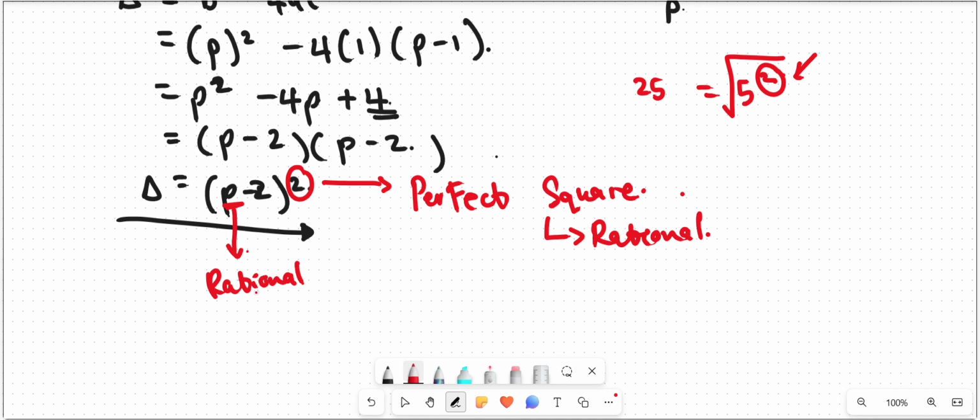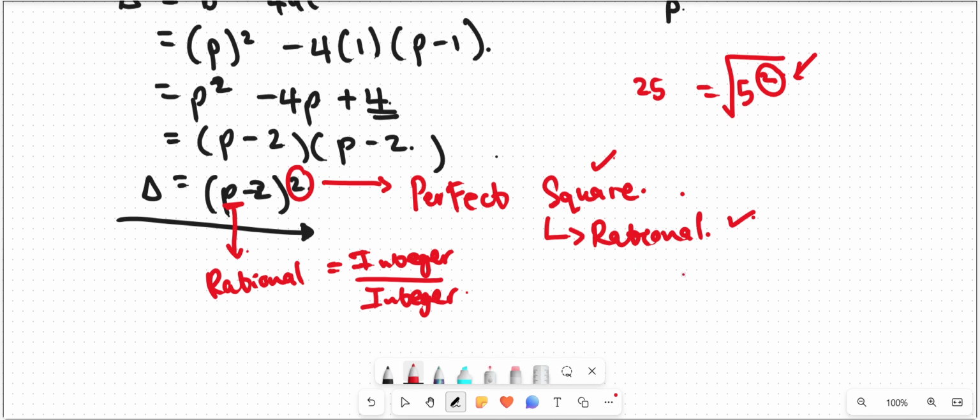But as long as I'm substituting rational numbers, which are integers divided by integers, remember, an integer divided by an integer is a rational number. So as long as I substitute those values for p, the discriminant will always come out a perfect square, obviously because of the square there, but it will also come out as a rational root.